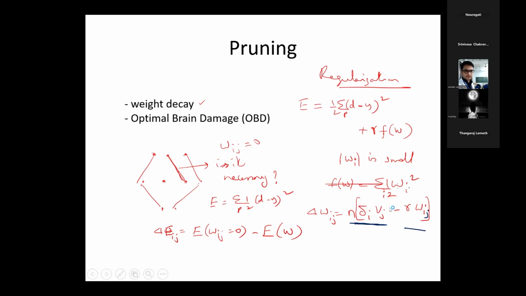There are also more sophisticated methods, for example something called optimal brain damage, where you figure out the contribution of every weight to the output error. Suppose you set a weight to 0. What is the change in the output error? If it is not much, then that weight is not very useful, so just remove it.